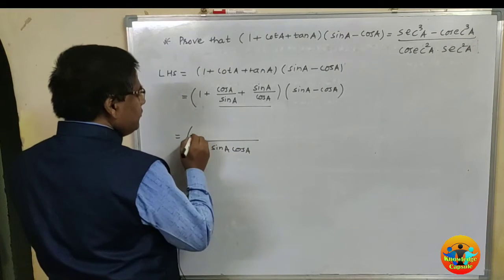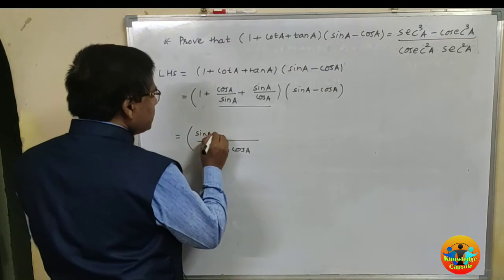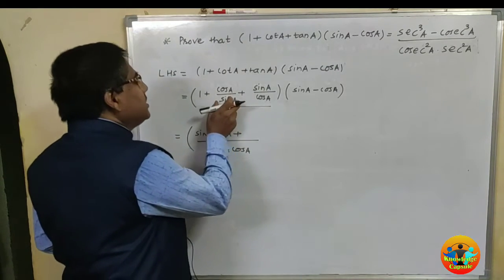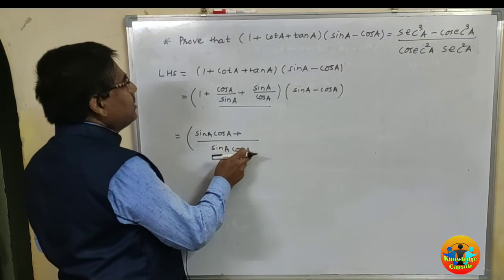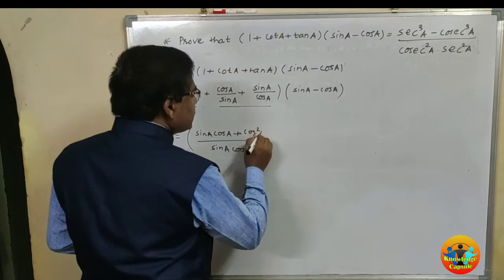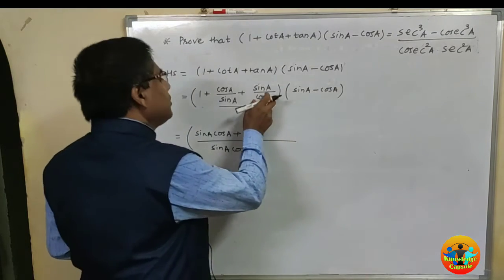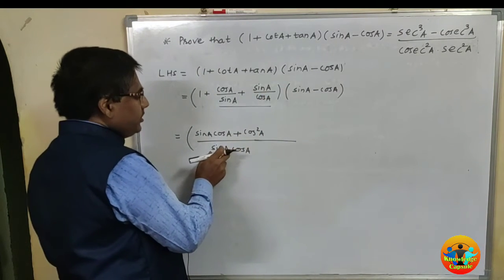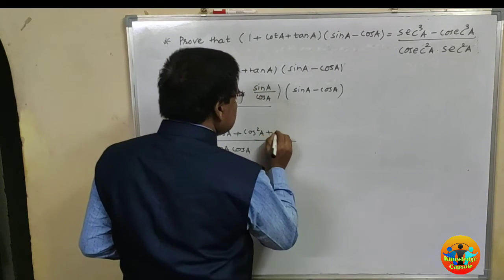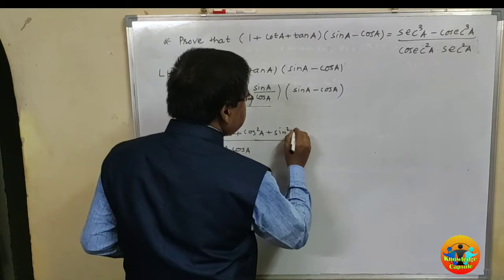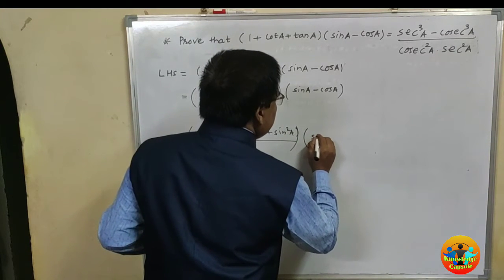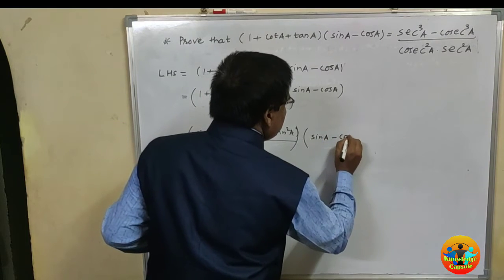The first term will be sin A cos A, plus, divide by sin A into this LCM, we get cos A, and multiply by cos A to this cos A, it will be cos square A. Divide by cos A to this LCM, we get sin A, and multiply by sin A to sin A, it will be sin square A, into sin A minus cos A.